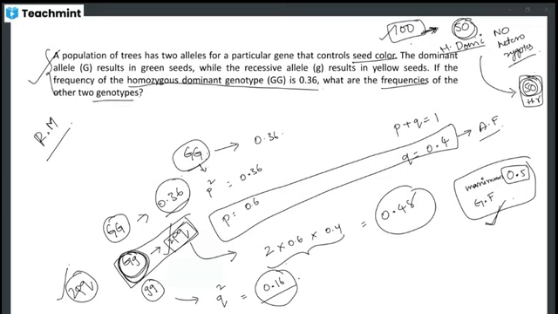See, in case of Hardy-Weinberg equilibrium, the population should be undergoing random mating. So the gene frequencies will constantly remain unchanged generation after generation.